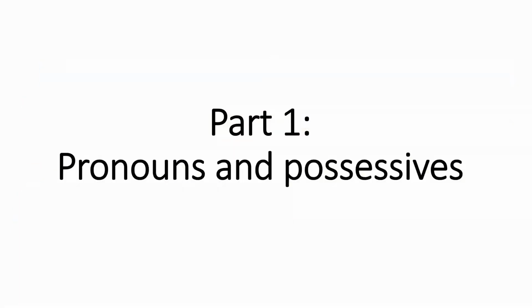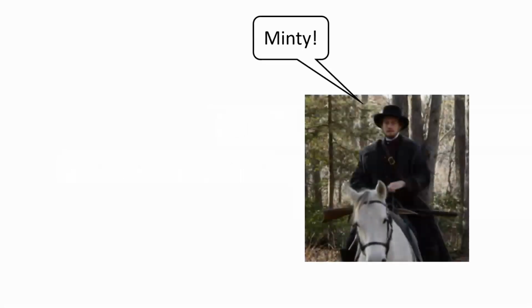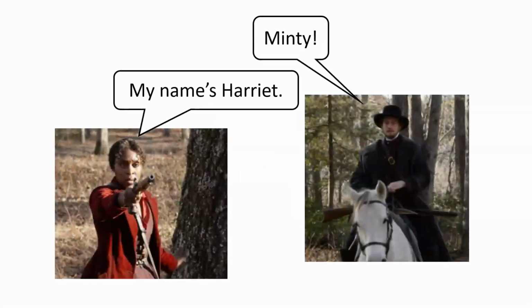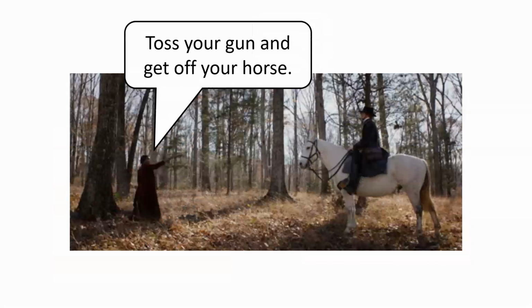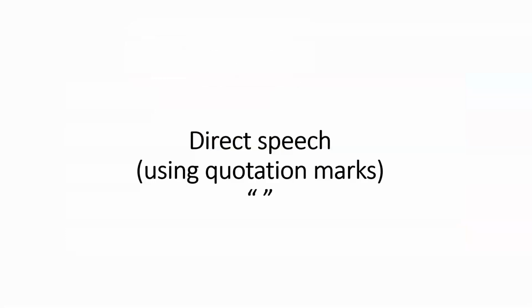So let's look at some examples with pronouns and possessives. If we look at this situation from the movie, as the story continues, Minty says, "Toss your gun and get off your horse." So it's kind of an interesting situation for pronouns and possessives.